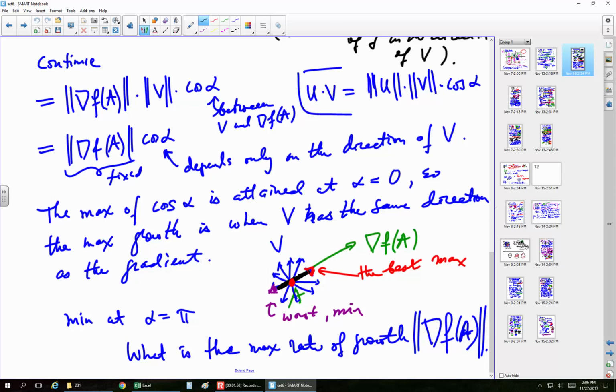of the one which is perpendicular to the gradient. And that is the direction of what?